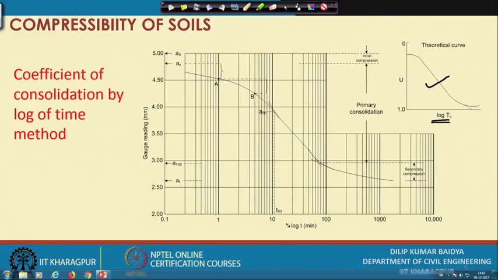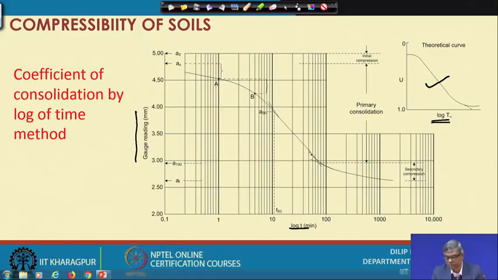What does dial gauge reading mean? When the soil is compressed, the dial gauge indicates how much settlement or consolidation took place. That dial gauge reading is taken and time is noted, and then log time versus dial gauge reading is plotted. This shape and the theoretical shape are almost similar, and the parabolic part has a standard way of variation.